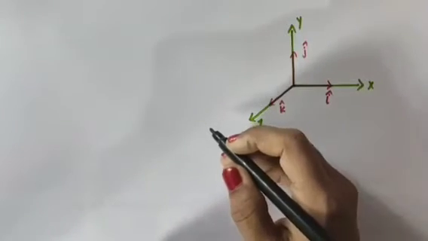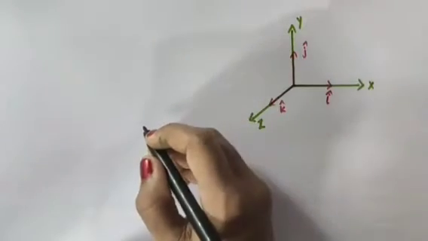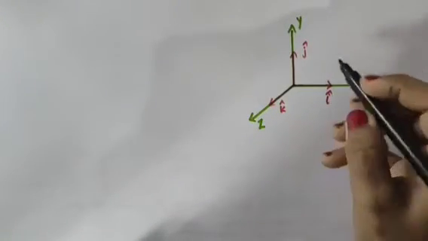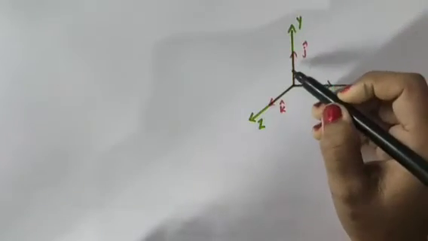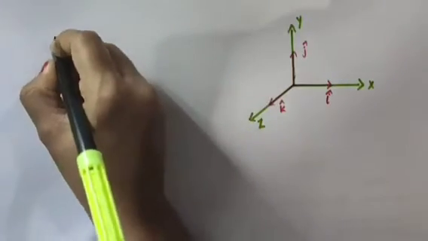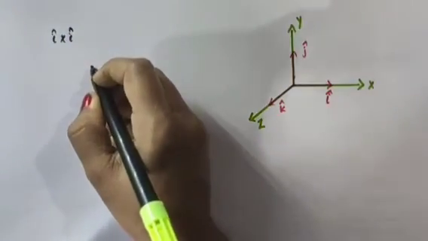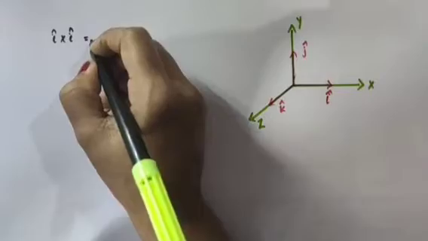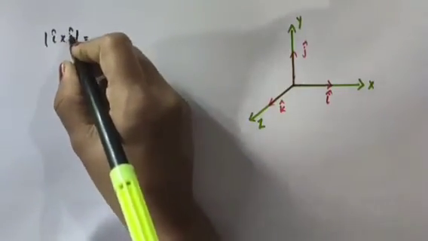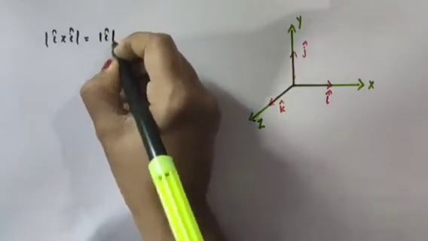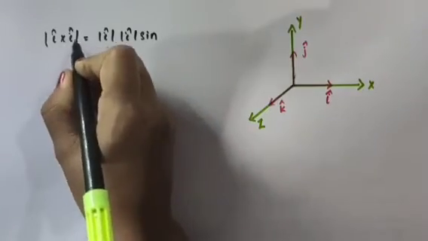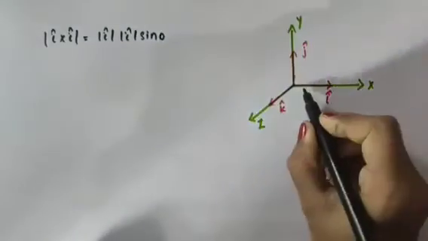Okay, so we all know that for each axis there is a unit vector or unit direction. This is the unit vector of the x-axis, this is the unit vector of the y-axis, and k is the unit vector of the z-axis. So I'll take I cap cross I cap, which is nothing but unit vector magnitudes. So I write I into I cap. Here what is the angle between the same vectors? There is no angle between the two. So the angle is 0.